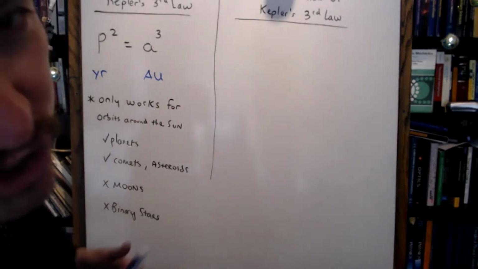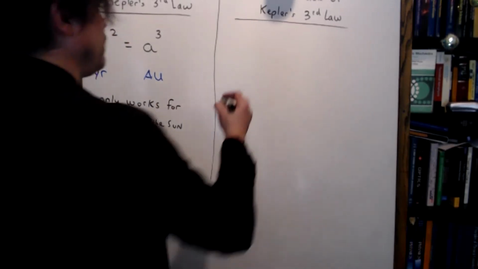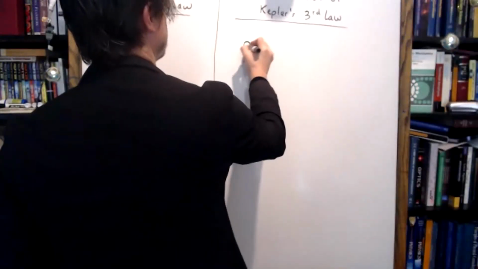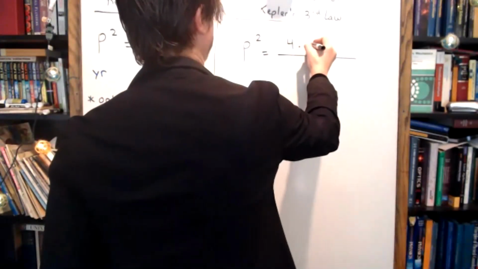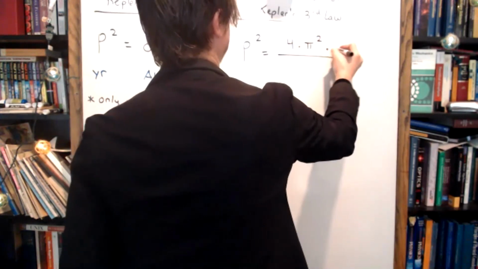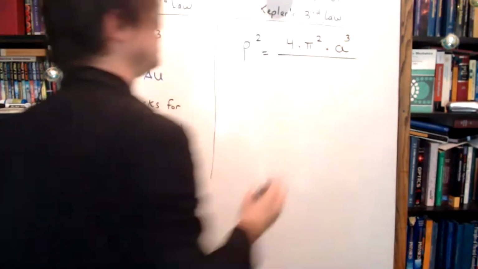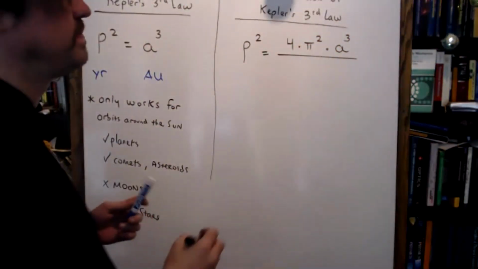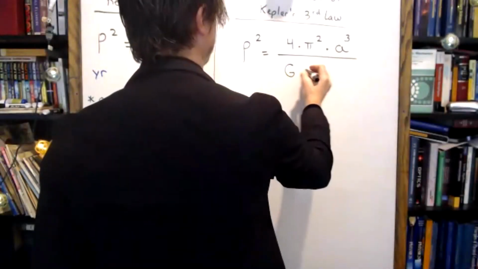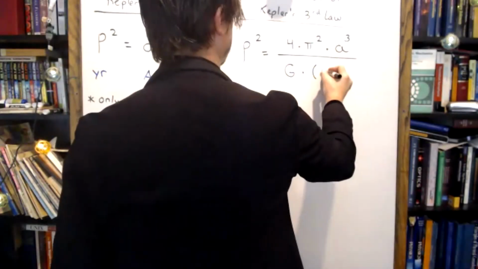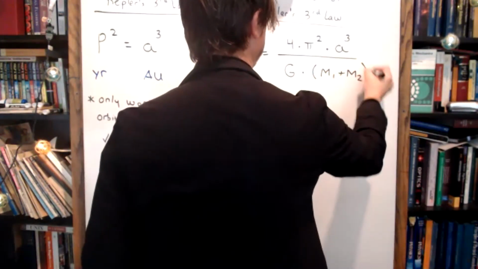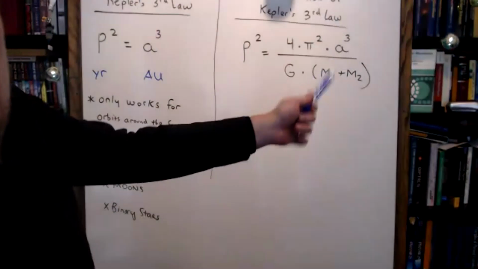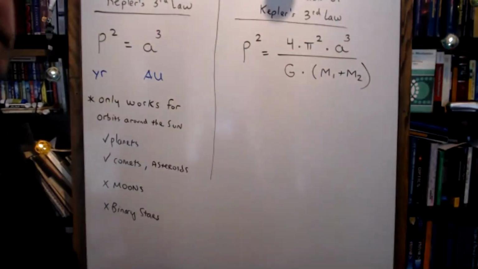He came out with a juicier version of this formula. It goes like this: P squared is equal to 4 times pi squared times a cubed divided by big G times the sum, not the product, but the sum of the two masses in parentheses.